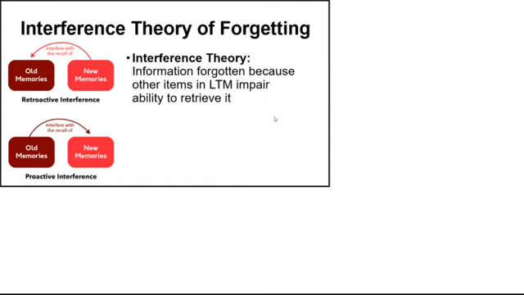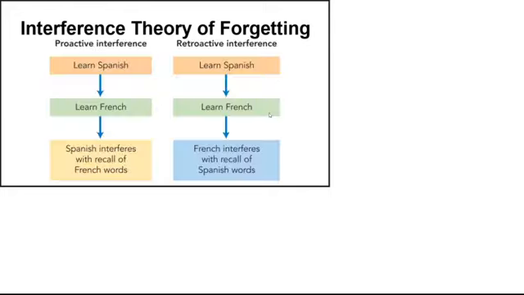So we can have retroactive interference, or we can have proactive interference. And for these, I like the diagram because I cannot for the life of me remember them without. But the idea for retroactive is that new memories interfere with the recall of old memories. And my example for this is if you're learning a language.